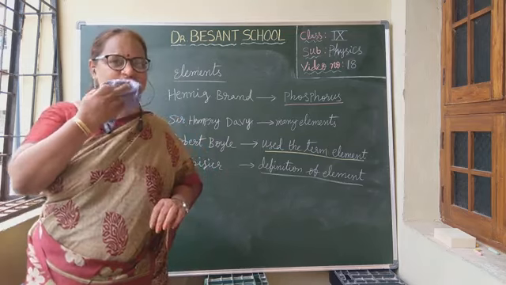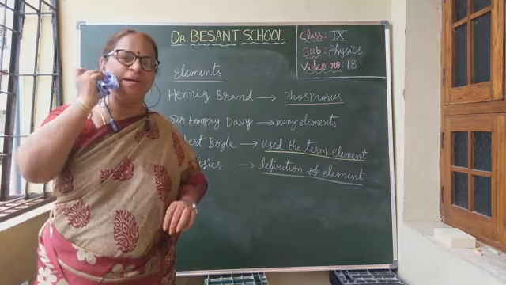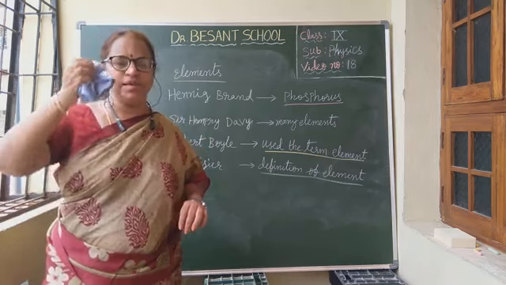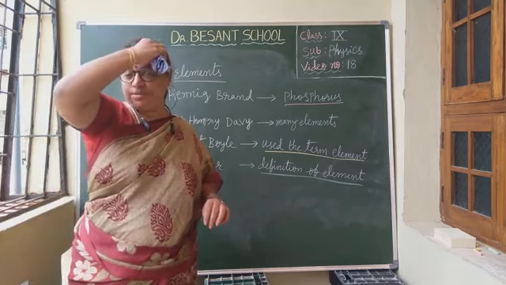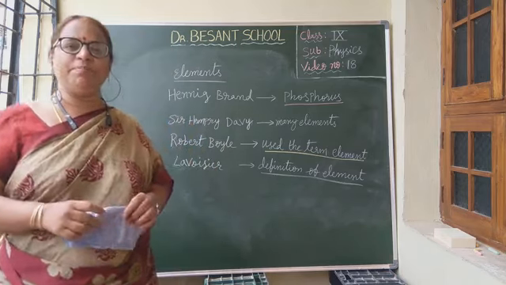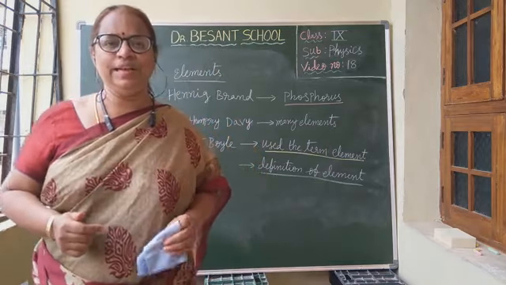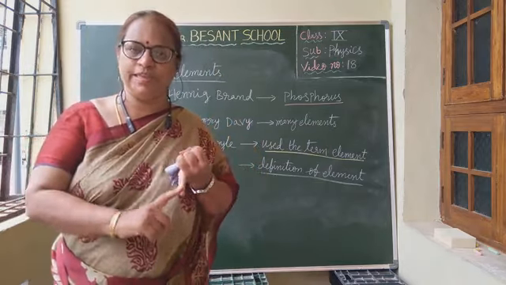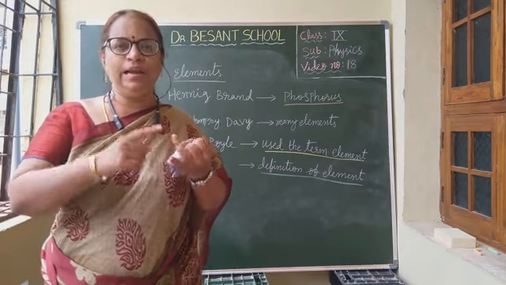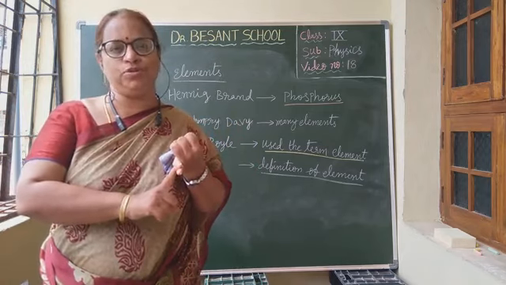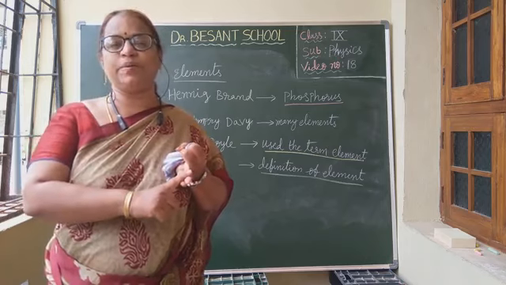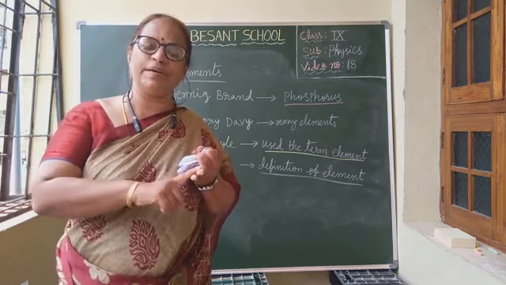Am I clear, children? This is what our chapter is: Is Matter Pure? So in this chapter we learned what is meant by pure and what is meant by mixture according to scientific definitions. And types of mixtures: homogeneous, heterogeneous, and what is concentration of solution, how to find mass by mass percentage and mass by volume percentage.